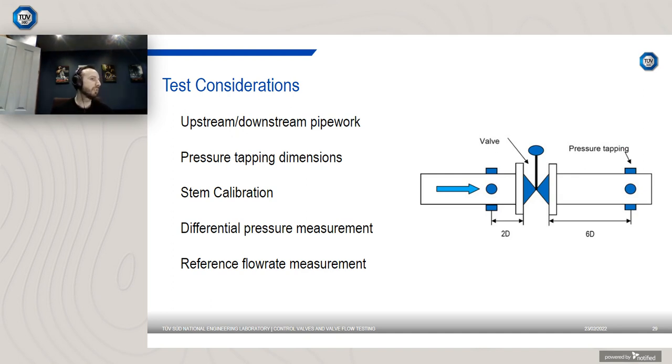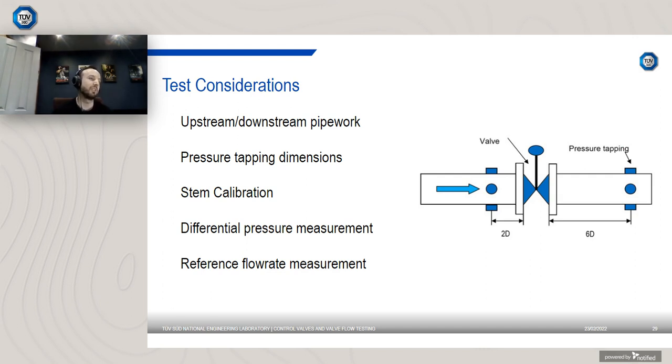Stem calibration is critical. Before you start the test, you want to make sure that if you establish the CV at a valve opening position, you can reproduce that position when you use the valve in practice. You don't want to establish a CV at 50% and then in the field you think the valve is open 50%, but it's actually only 45% open.